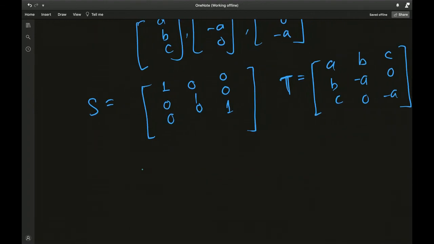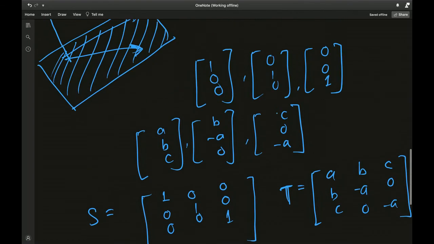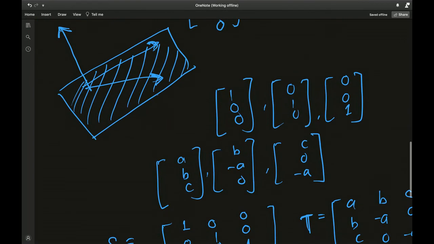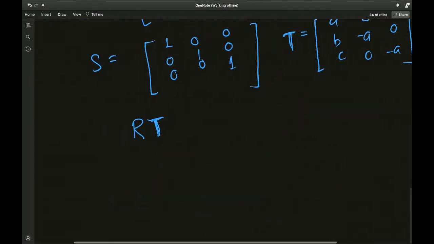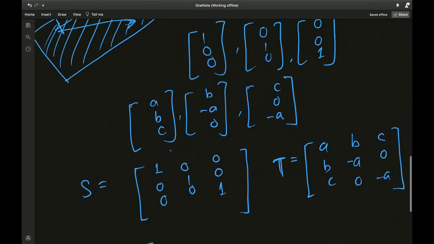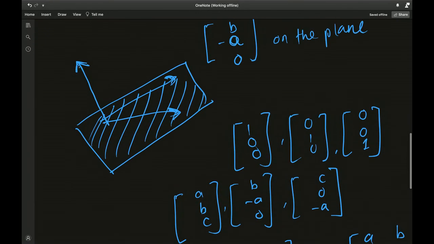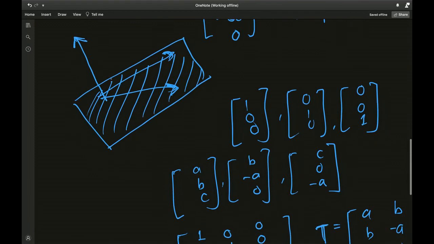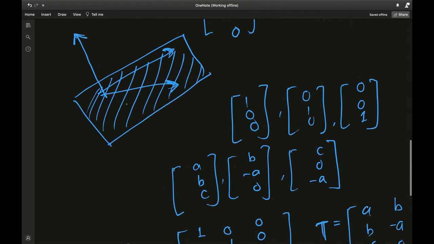Now what's the advantage of doing this, remember we have to talk about reflections. So now if I were to apply some reflection matrix on this T, this new basis that's particular to this plane that we defined, think about what it's going to do. If we reflect the vector that's perpendicular to the plane along the plane, it'll just get reflected by 180 degrees.